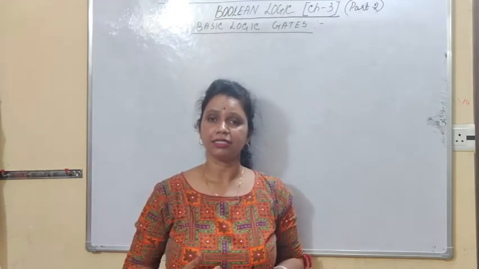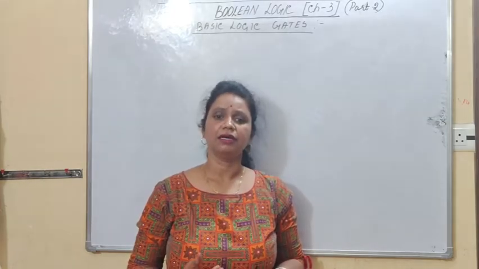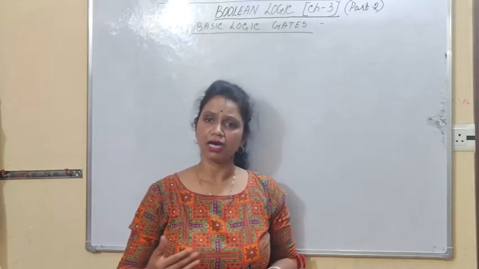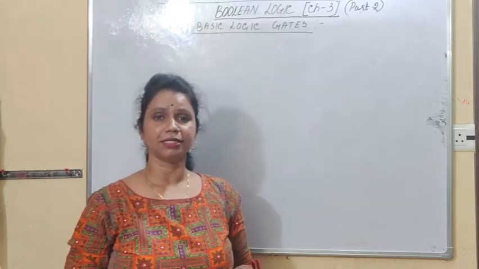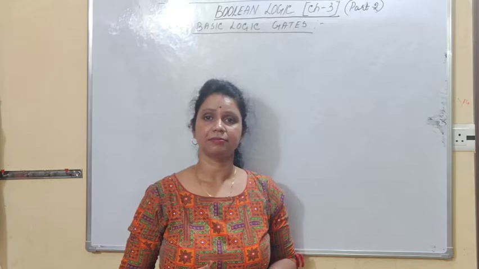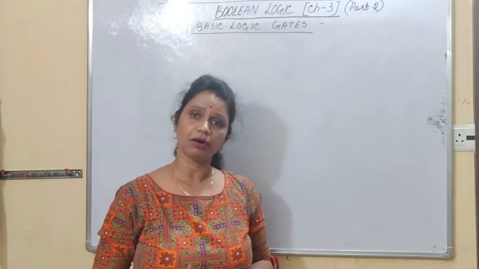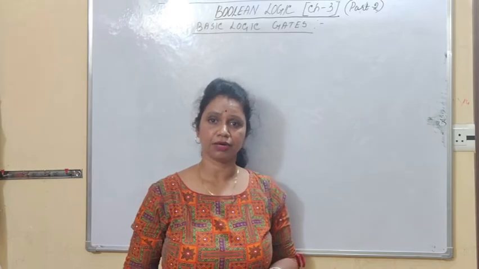So, what is a logic gate? A gate is a basic electronic circuit which operates on one or more input signals and produces one output signal. Gates are digital circuits because the input and output signals are either true or false, that means 0 or 1.